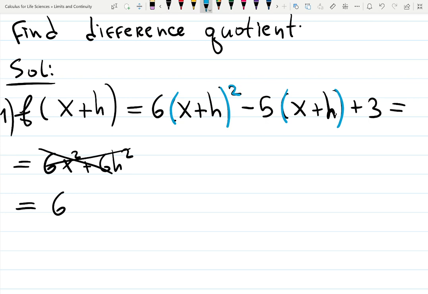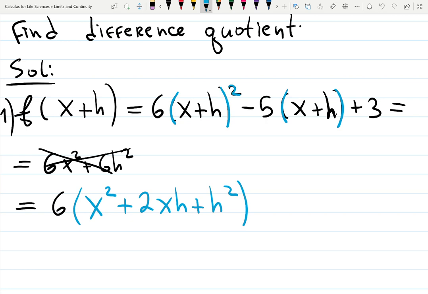6, I will open parentheses. The formula is called square of a sum. The formula says square the first term plus double product plus square the second term. Remember that. That is also very important. Don't make this mistake.